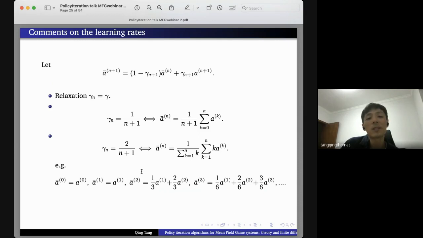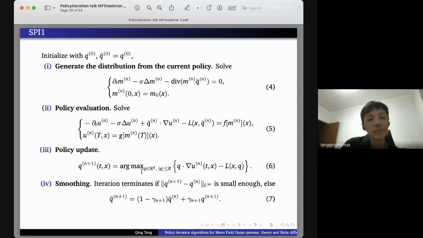There's a third one: we can use a different learning rate, where we put larger and larger weights on more recent observations, which would behave similarly to the simple mean or the Cesàro mean, but it might speed up the convergence a little bit. There are proofs in other papers, but here just the intuition: if I put more weight on the most recent observations, it seems to be better.